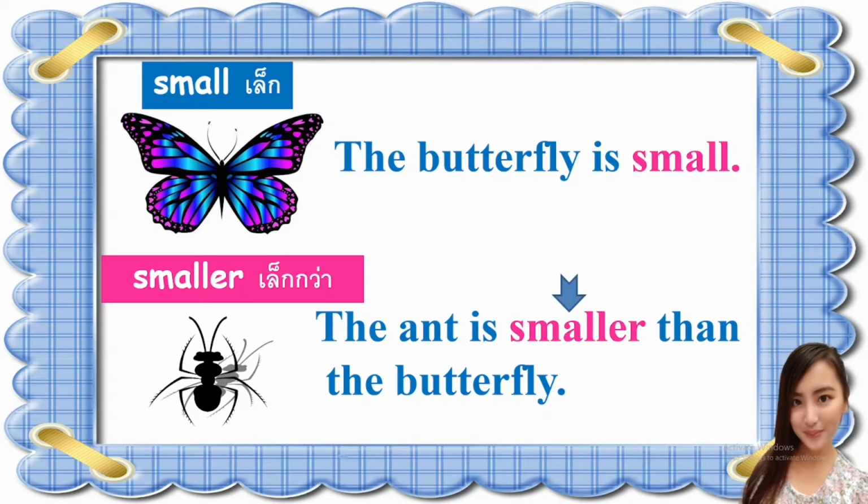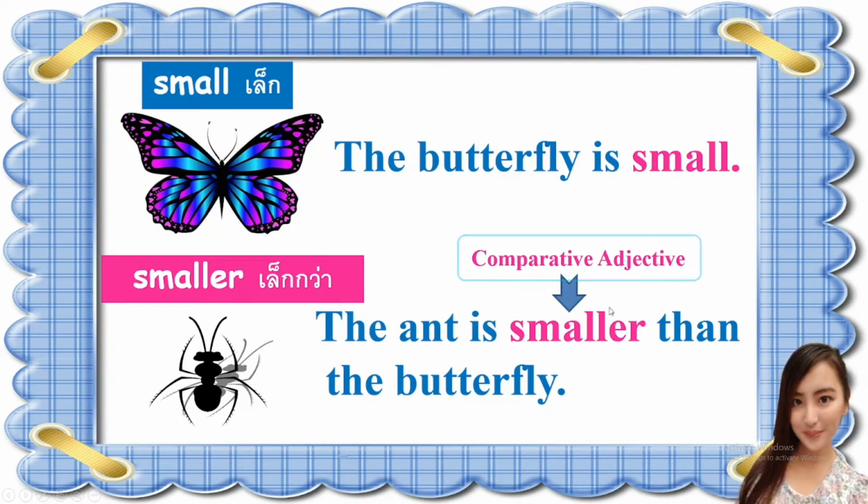So in here, smaller is a comparative adjective. It is used to compare two persons, animals, things, or ideas. In here we compared butterfly and ant, two animals or insects.